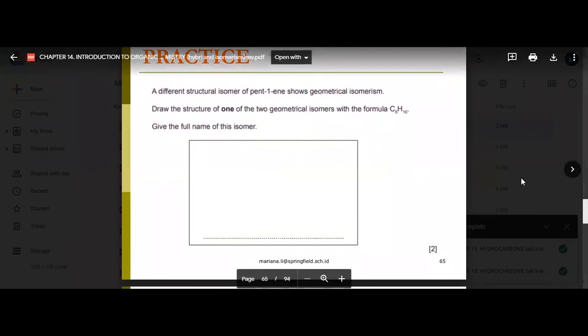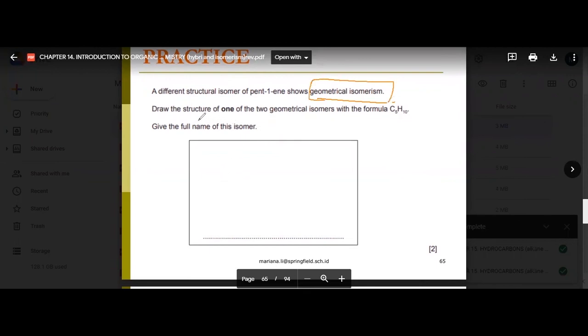Okay, let's try this. Let's discuss the answer. A different structural isomer of pent-1-ene shows geometrical isomerism.